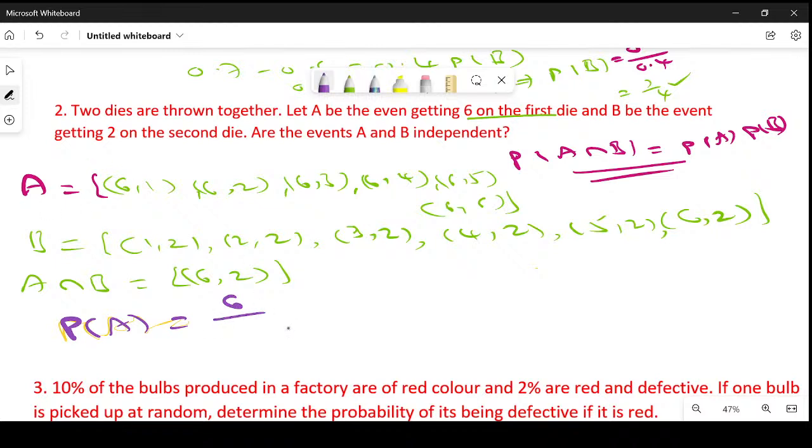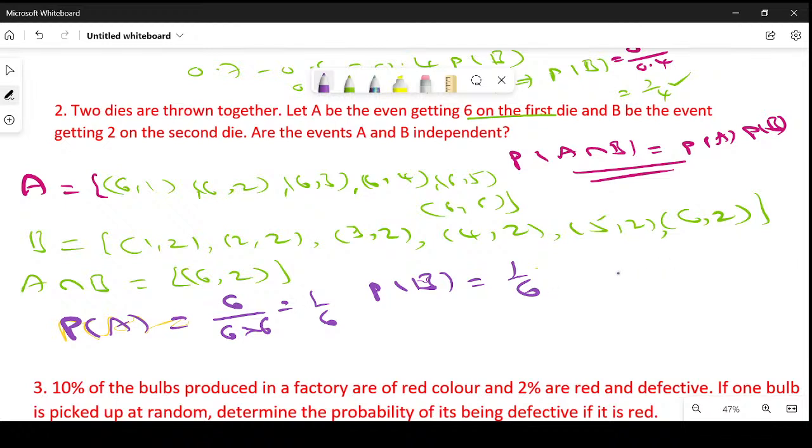Two dice are thrown, 6 into 6, 36, right? It will be 1 by 6, probability of A. Similarly, what is the probability of B? B is getting 2 on the second die. Here also probability of B will be 1 by 6. P of A is 1 by 6, P of B is 1 by 6.